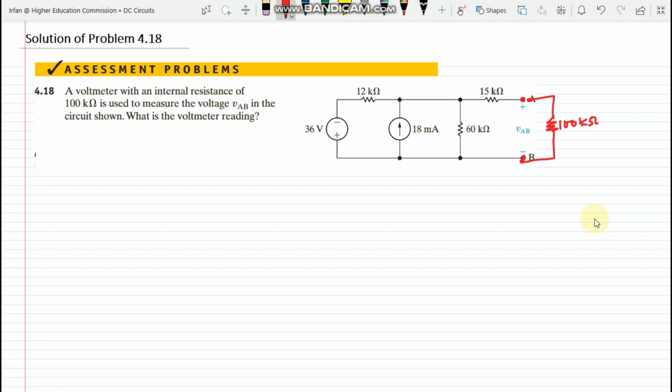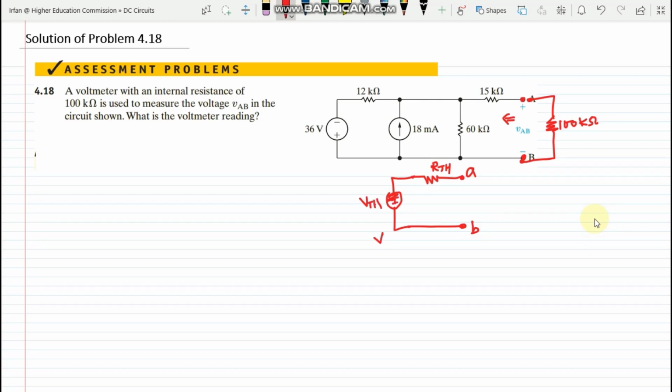But in order to find the effect of the load resistor here, we will look at the circuit from points A and B, and we should have a circuit composed of a single resistor RTH and a single voltage source.